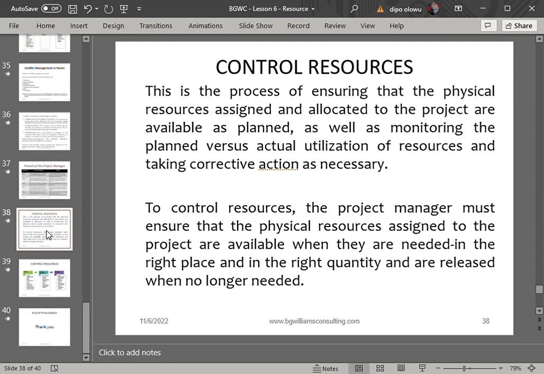The project manager keeps monitoring and checking the use of those resources because they were planned for, and you must make sure that the actualization or utilization of those resources is well taken note of. All right, so that is about controlling your resources.